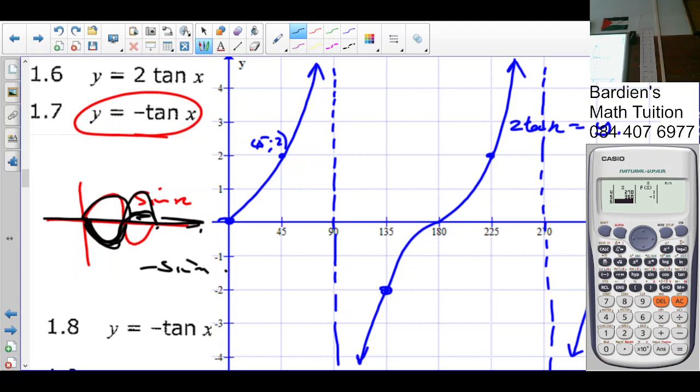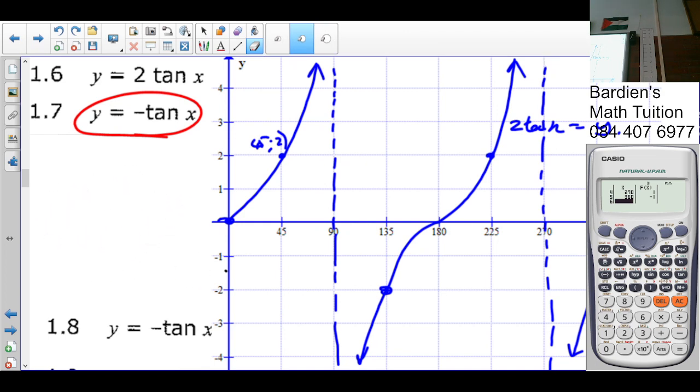That's something to remember there. So if I put that in the calculator, 0 is 0, 45 is negative 1. Then you see an asymptote here. 135 is 1. Remember to write at least 1 point on the tan graph.